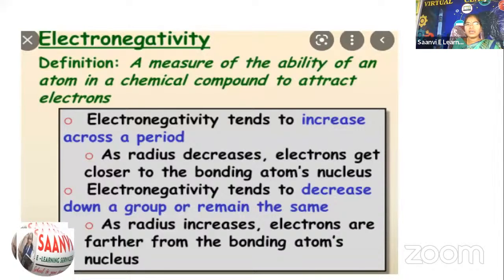So chlorine takes that one electron from the hydrogen, and we get the compound hydrochloric acid. These are the elements, hydrogen and chlorine.